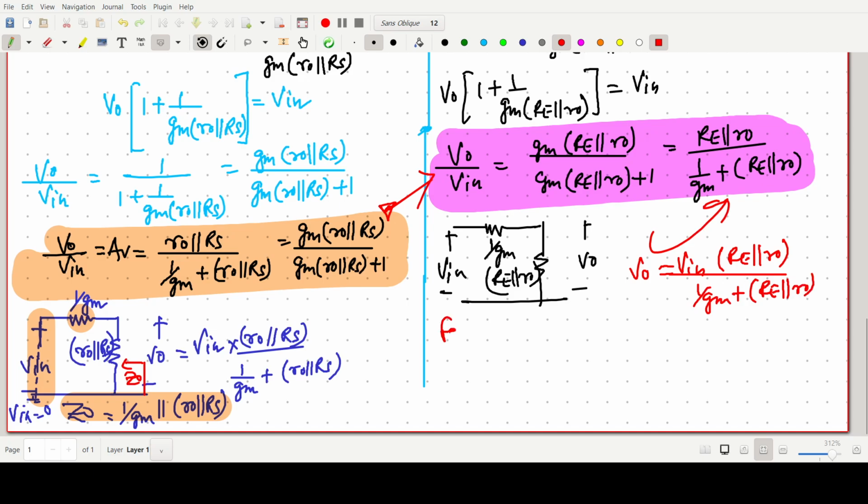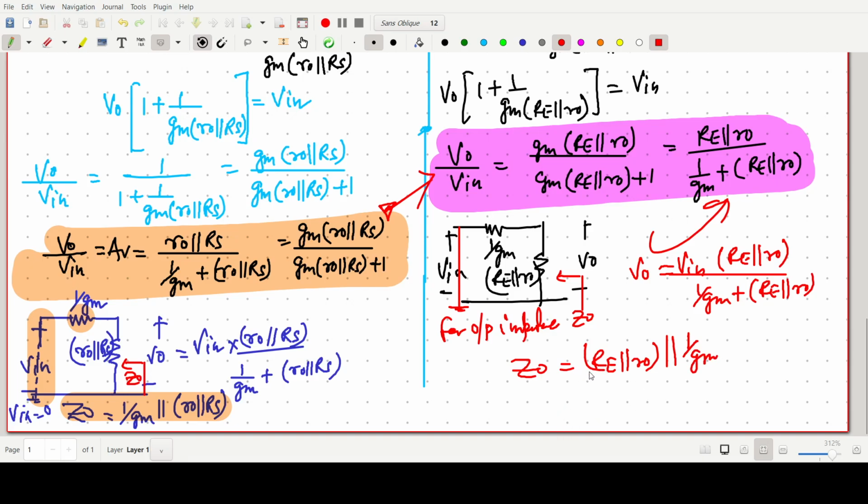Okay, for output impedance, very simply, we have to make V in grounded, and we take this one as Z naught. So Z naught will be RE parallel with R naught parallel with 1 by gm.